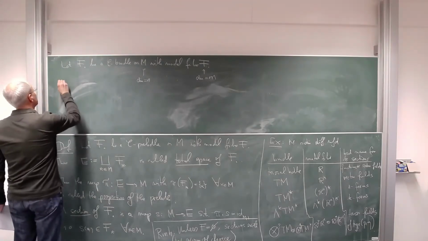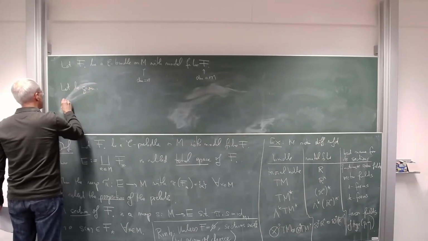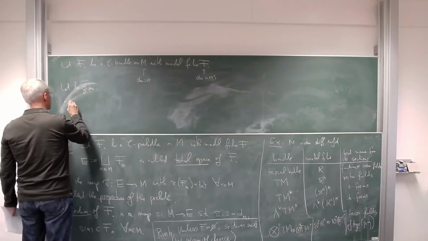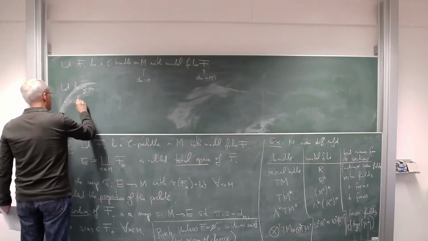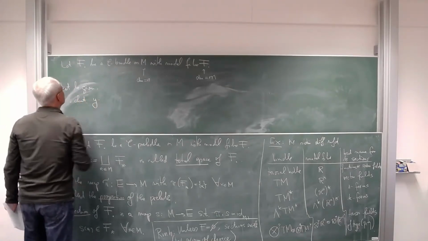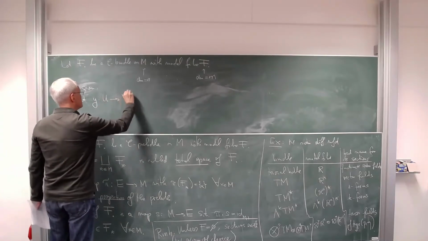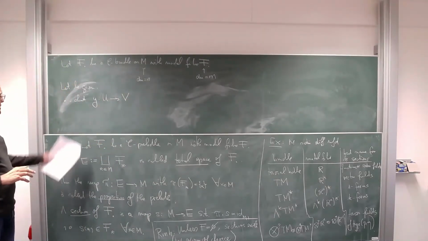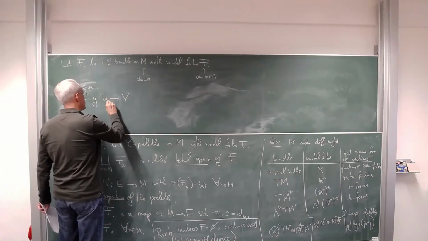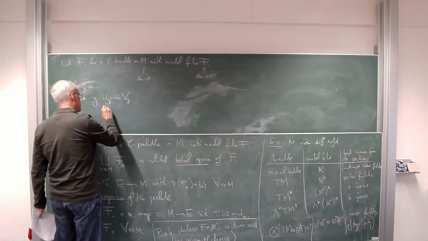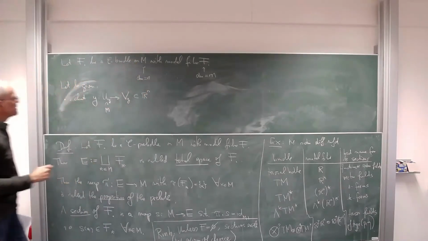So let the following be given. First, a chart, a smooth chart. Well, at the moment it doesn't matter if it's smooth or not. A chart y for my manifold M. So that is a homeomorphism of an open subset of M to an open subset of R^n. So call this U_y and V_y. U_y is sitting in M and V_y is sitting in R^n, n is the dimension of the manifold.